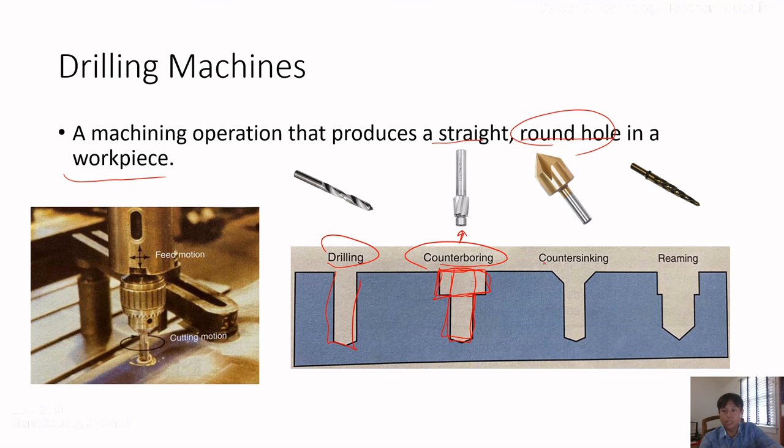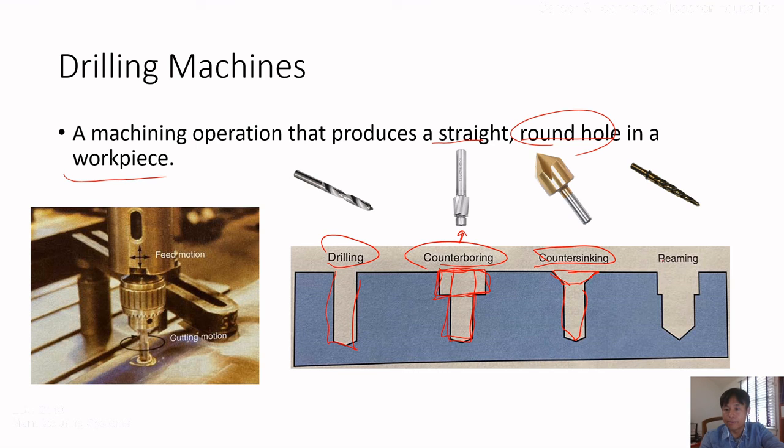And then countersinking is similar. This is just a regular drill, and the top is shaped like this. We call this countersinking. This drill is used for special types of screws that have a butterfly-shaped top.